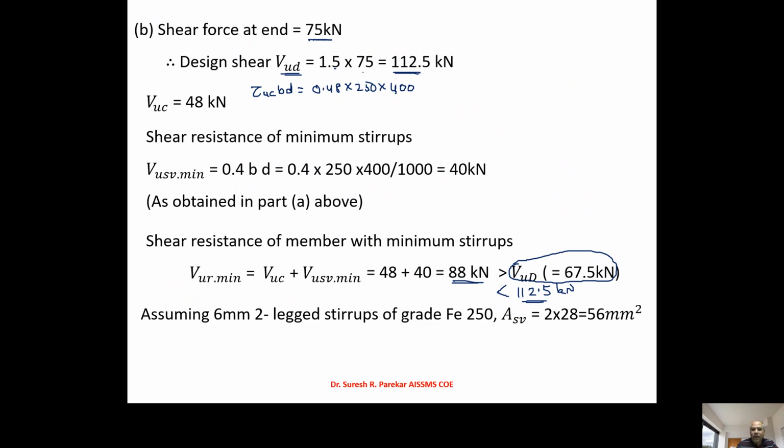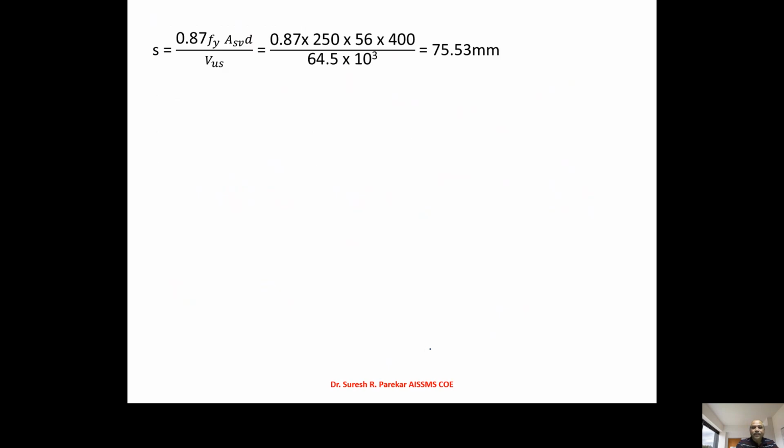The minimum we have already calculated in the last one. Now here we will go for design. So Vus is Vud minus Vuc. Vud we have 112.5 minus Vuc we have calculated as 48, which gives Vus as 64.5 kilonewtons.